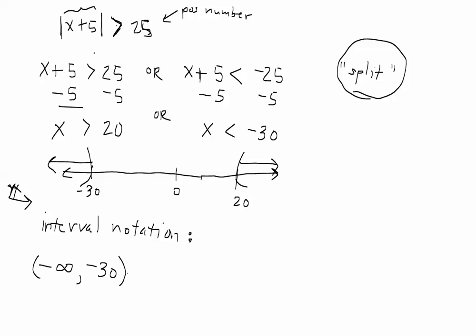If it was equal to, we would use a bracket. Then we write this symbol, which stands for the word or, and then we write parentheses 20, because the solution begins again not at 20, but very close to 20, and continues on to infinity, parentheses. That's the end of part 2.